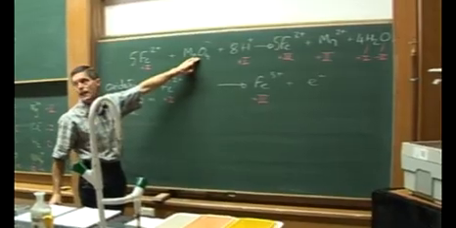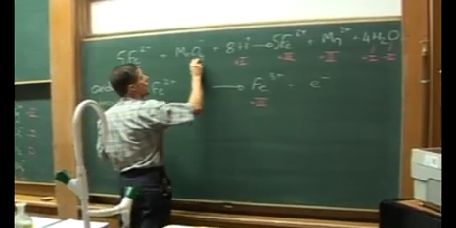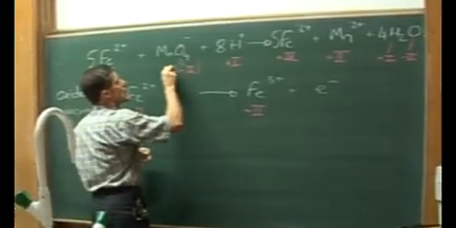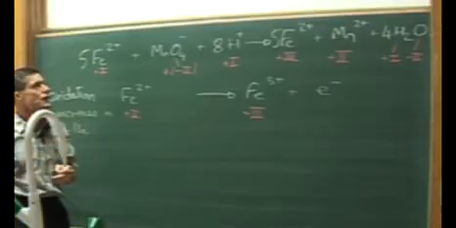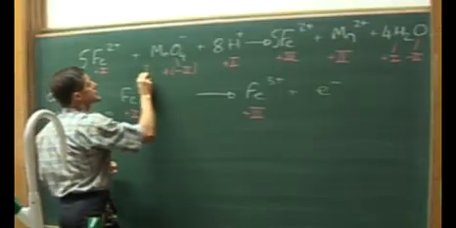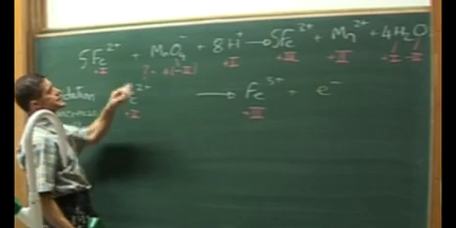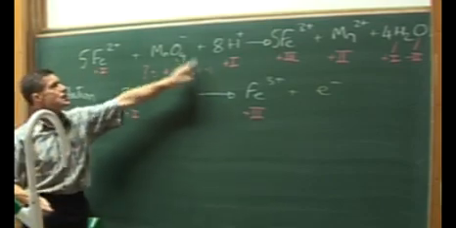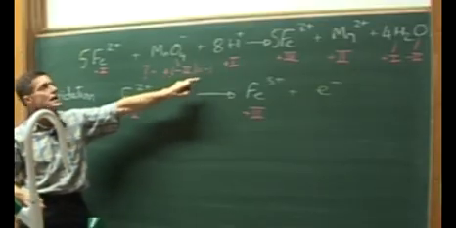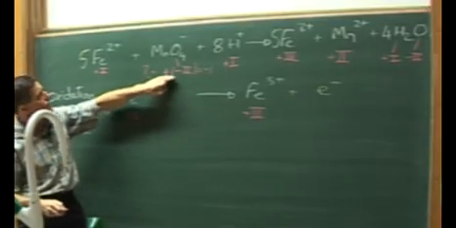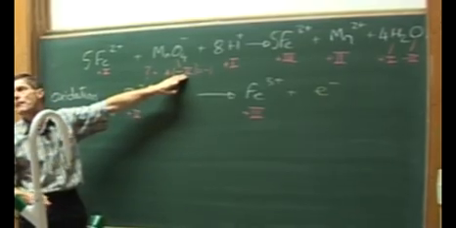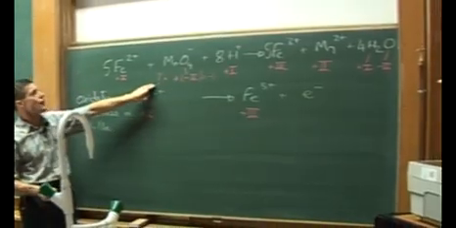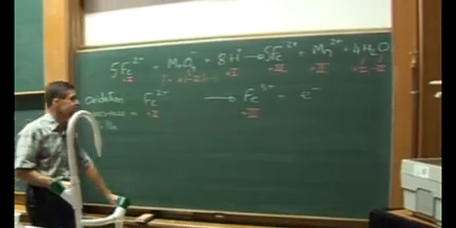Polyatomic ion like MnO4-, oxygen is -2. We've got 4 of those. We don't know what the oxidation number of manganese is. We want to determine that. We know that the overall charge is -1. So, the way I think about it is oxygen contributes -8. We've got -1 left over, therefore manganese must be +7.